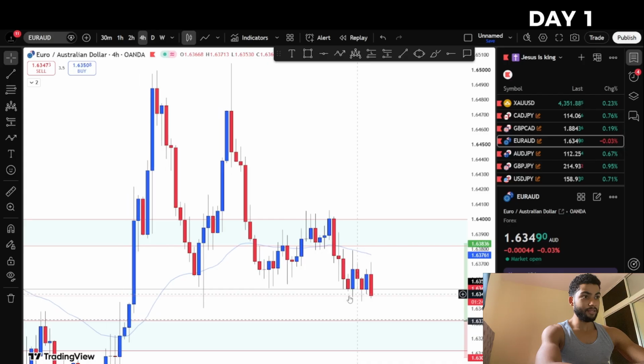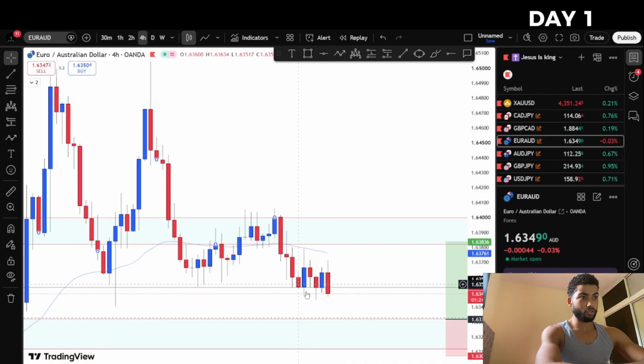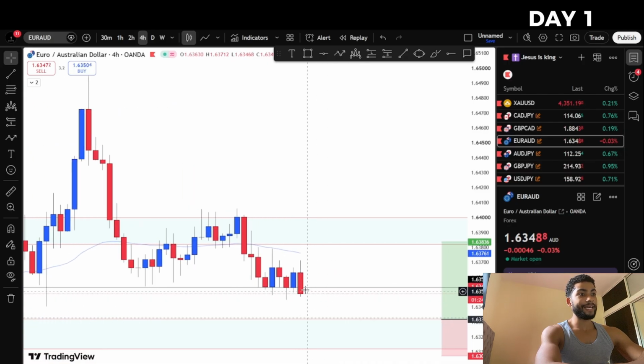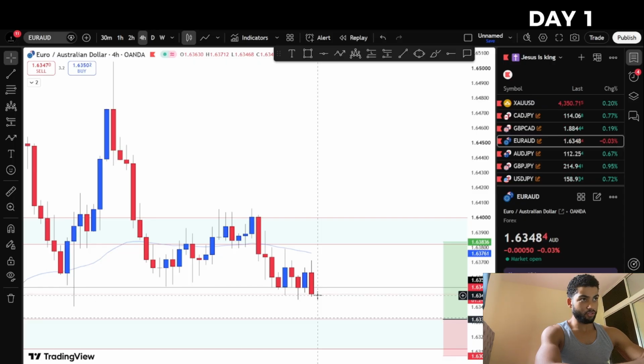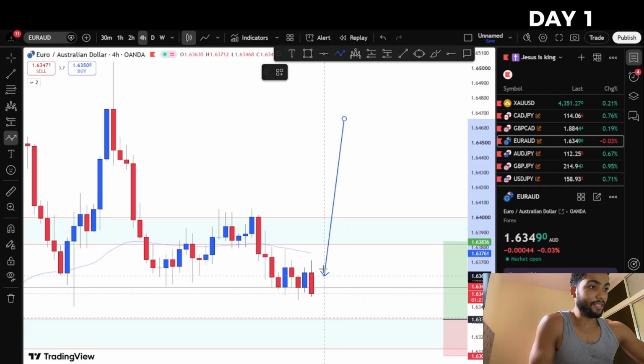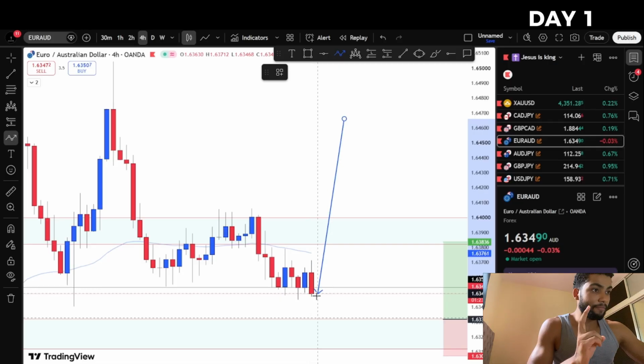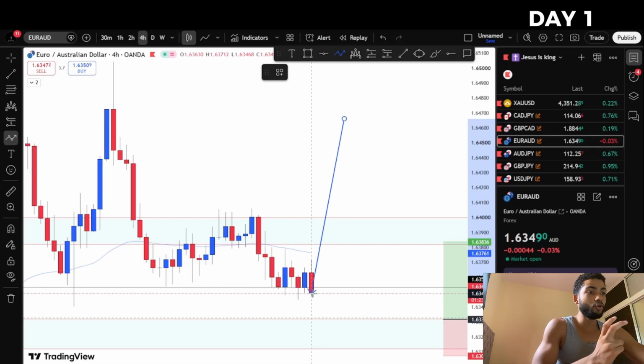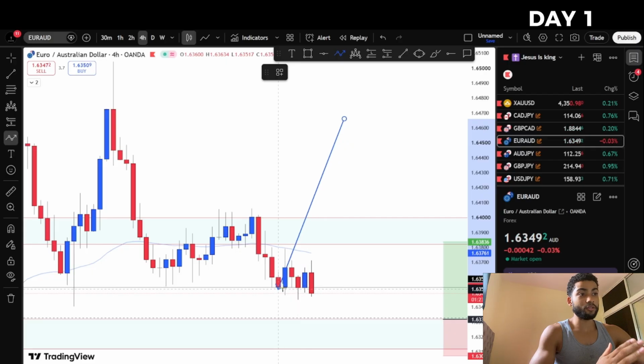In this case, price is piercing this lower low structure point, but it has not closed just yet. This is another different topic, and I don't want to confuse you guys, but this right here could be another lower low because it is piercing the current lower low.